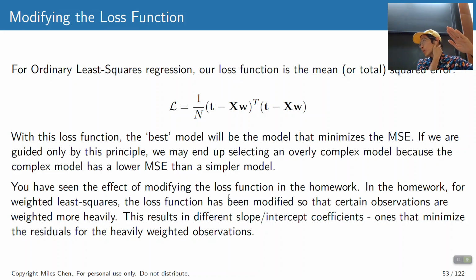We want to minimize the sum of squared residuals on all of our data. With weighted least squares, we're saying some data is more important than other data. We really want to minimize the residuals on these values, and these other values are not important, and I don't care if they have big residuals, is basically what we're saying when we do weighted least squares.